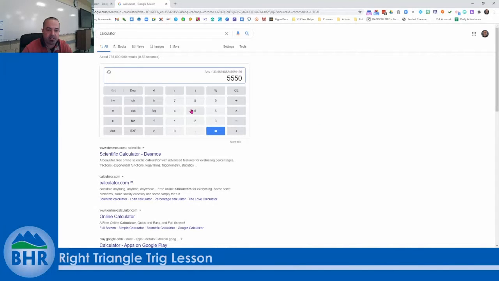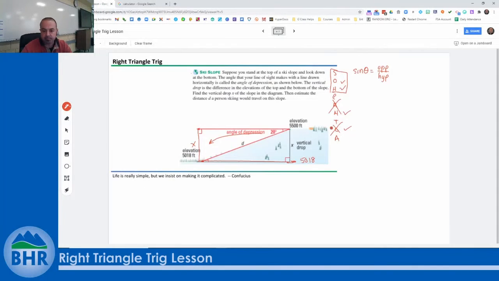5500, and it helps if I write everything. 5,500 minus, what was it, 5180, right? 5180 equals 320. But it doesn't equal 320 because I did it wrong.